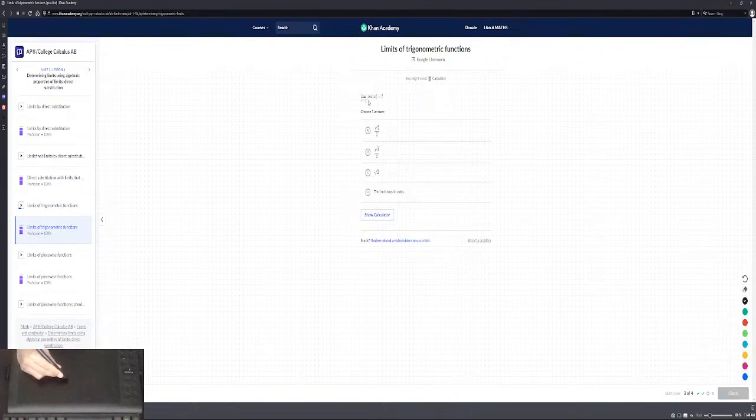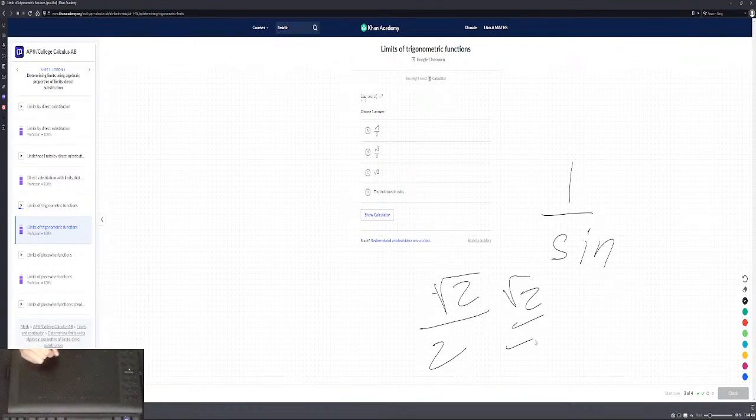The identification for cosecant is 1 over sine. The identification for 45 degrees, for both cosine and sine, is square root of 2 over 2. So it would be 2 over square root of 2.